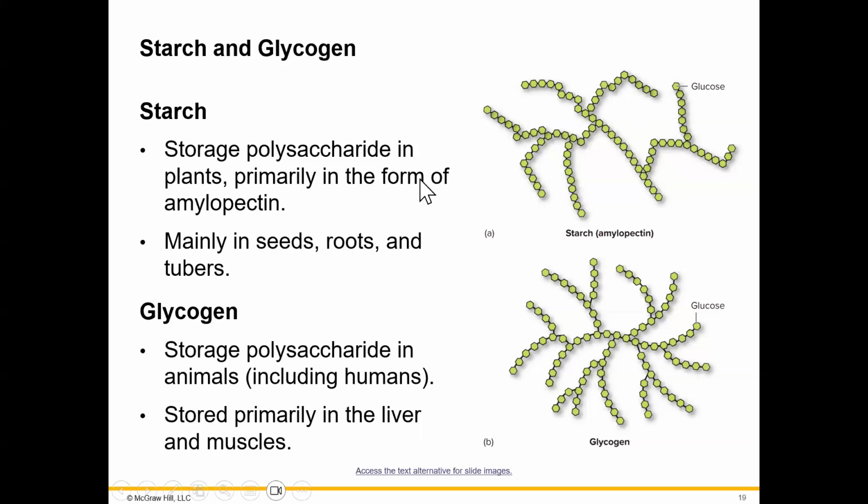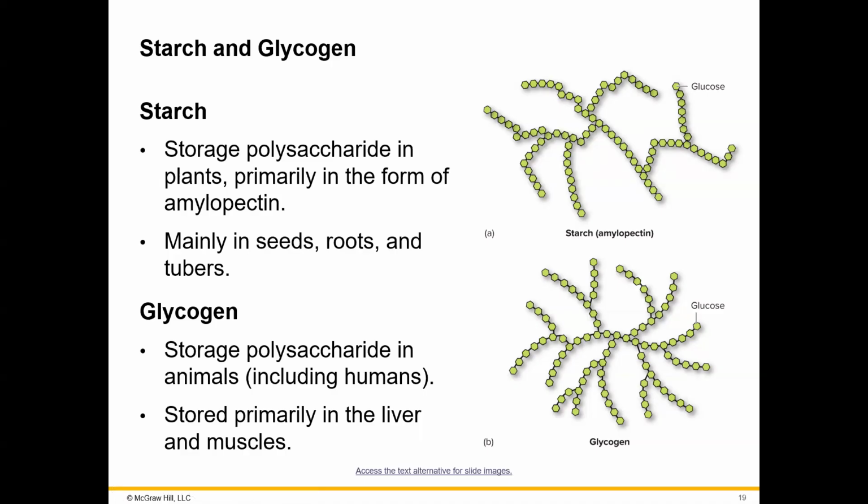So your starchy vegetables known as your potatoes, your corn, your peas, your legumes, those kinds of things. Notice how you have these dozens of glucose molecules chemically bonded together to form a polysaccharide. And this was the storage form of energy for the plant.